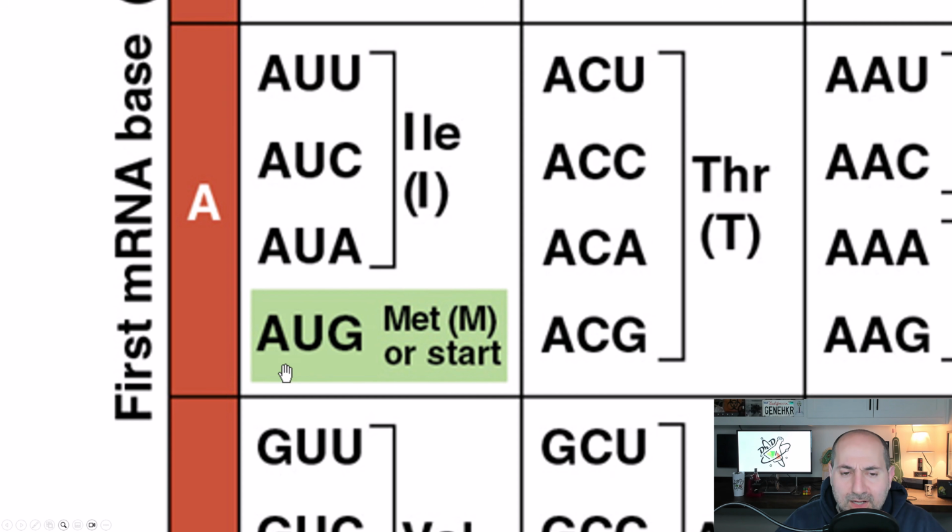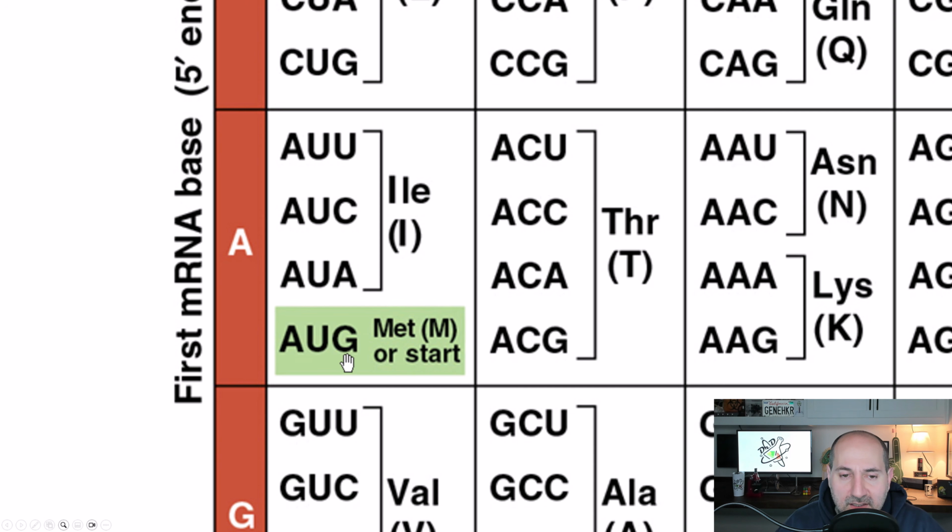The ribosome will not start translating the message until it finds the first start codon, the first AUG that's closest to the 5' end of the mRNA. So that start codon tells the ribosome to start translation.